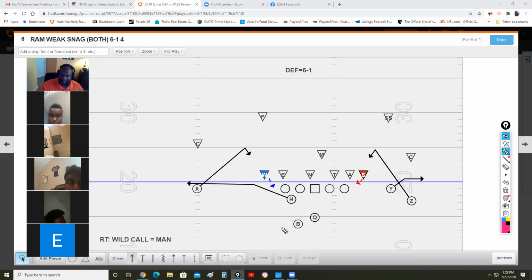Now let's go Lobo. Who's starting the slide? Right guard. Stuck. Okay, who's starting the slide? You said Lobo. It's the center.